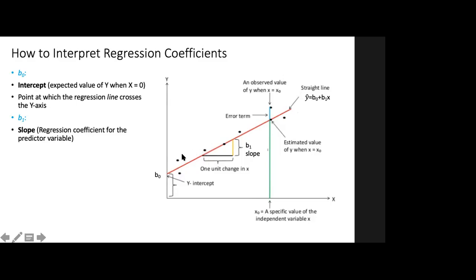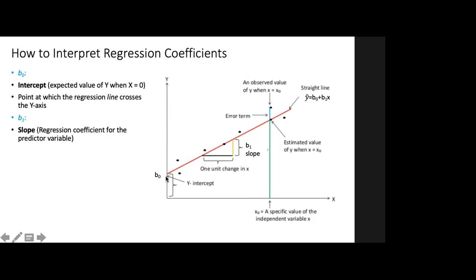These are our actual data points. Then we see that our regression line at some point hits the y-axis, right? And our intercept can simply, in mathematical terms, be described as the point where the regression line crosses the y-axis.